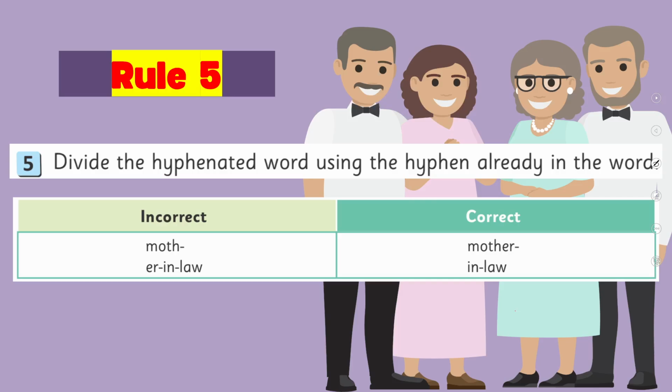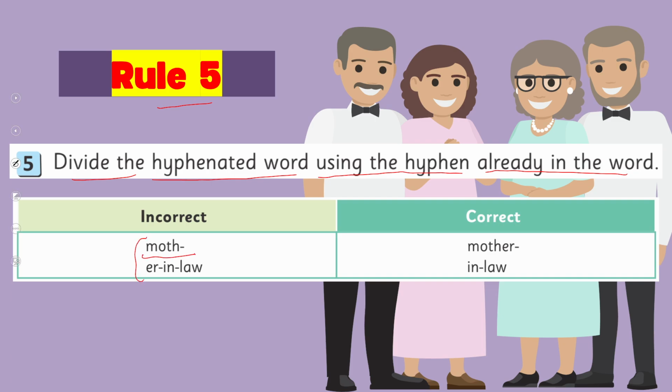Now, let's move on to rule number 5, which says divide the hyphenated word using the hyphen already in the word. For example, if you have a word mother-in-law that contains 2 hyphens, and if you are lacking space, you will not divide it like this.